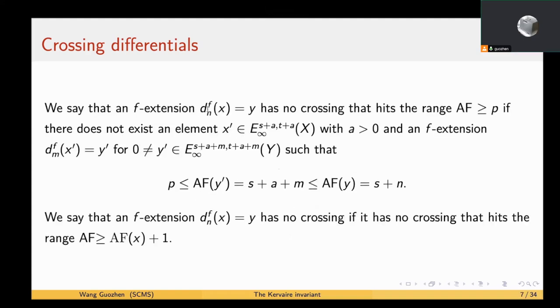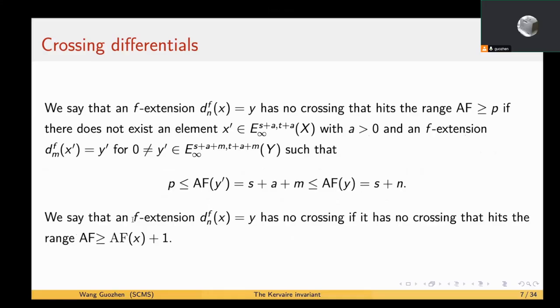We say that an F extension from x to y has no crossing that hits the range of Adams filtration greater than or equal to p if there does not exist an element x prime lying in the E infinity page E infinity s plus a, t plus a, with a greater than 0, and an F extension from x prime to y prime, for some y prime lying in E infinity s plus a plus m, t plus a plus m of Y, such that p is less than or equal to the Adams filtration of y prime, and also the Adams filtration of y prime is less than or equal to the Adams filtration of y.